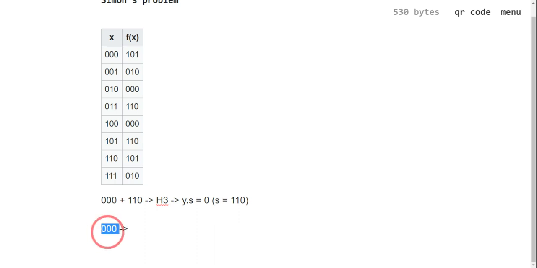So that basically turns into this plus this, right? That's for the first qubit.